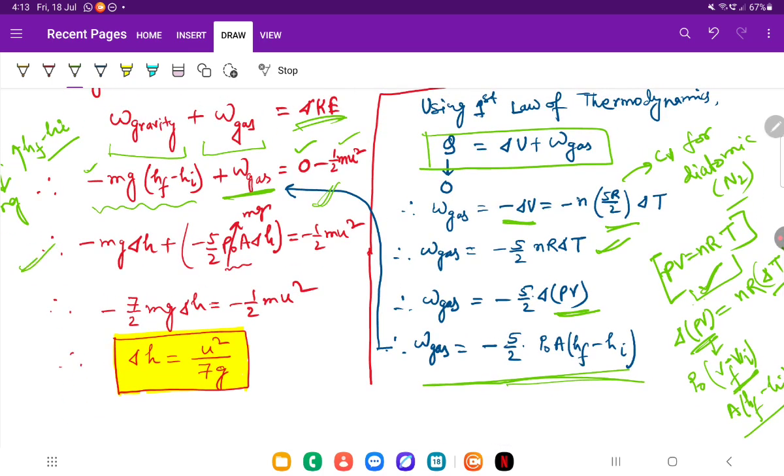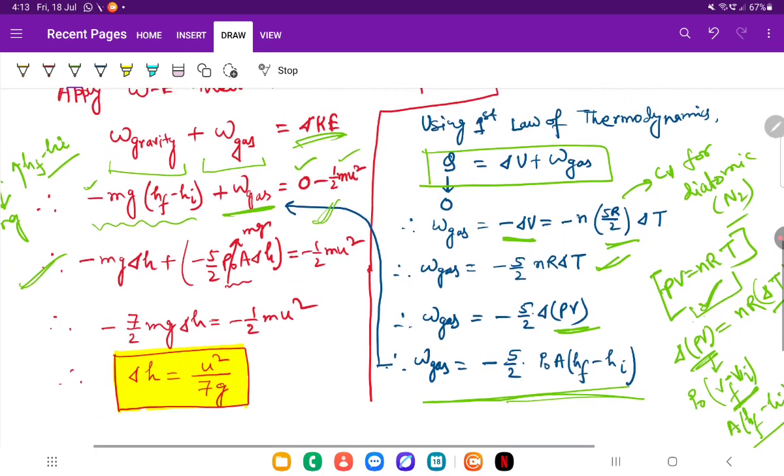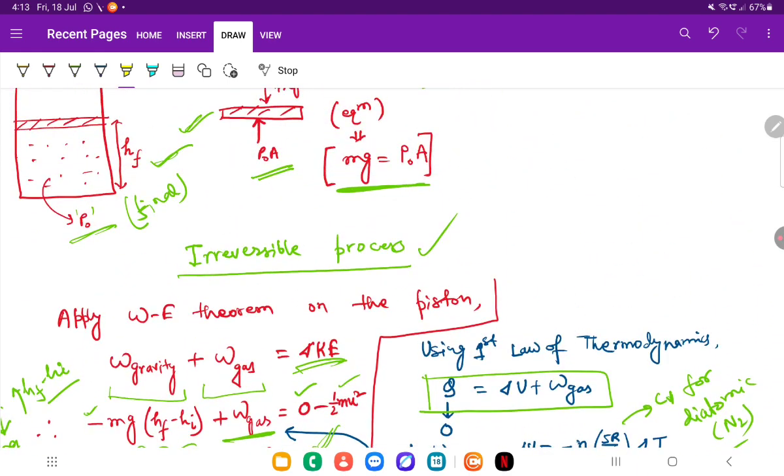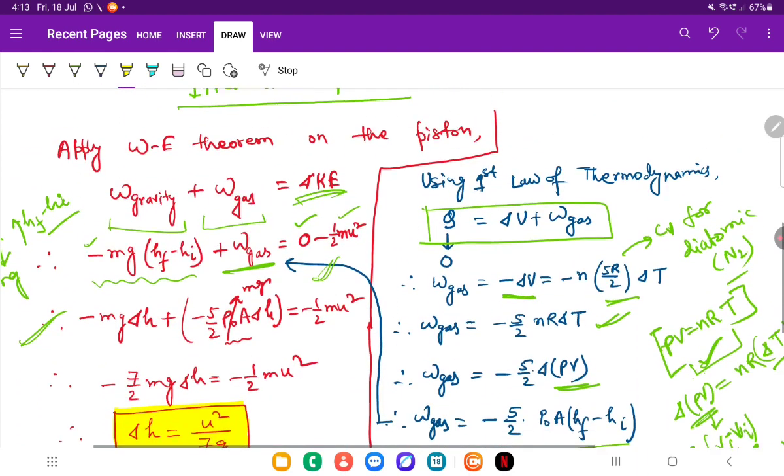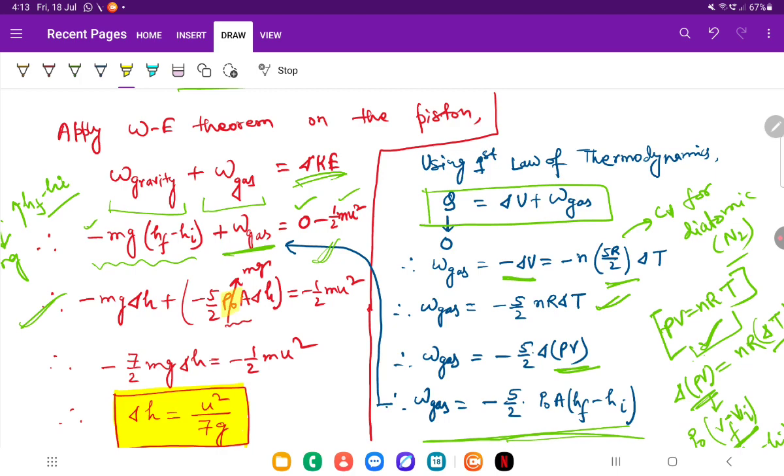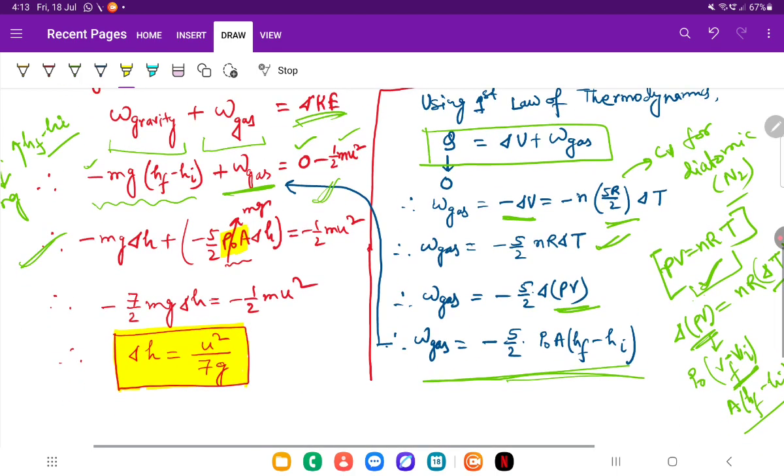So the equation turns out like this, and now we'll use mg equals P naught times A. So we are substituting P naught times A as mg, and we'll get here (1 minus 5 by 2 minus 1) times mg delta h. So in total it will be minus 7 by 2 times mg delta h equals minus half mu square.